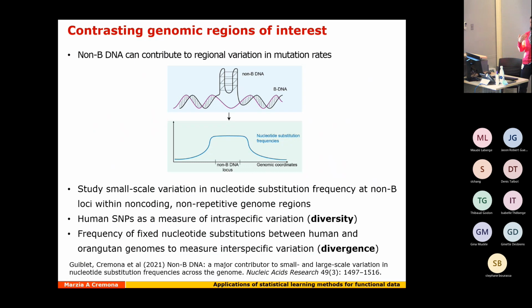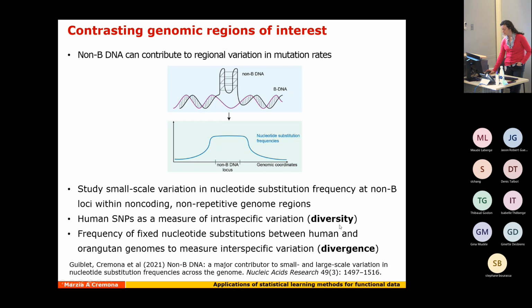The next step was trying to understand if this slowdown also corresponds to more errors in the genome. So here we studied small-scale variation in nucleotide substitution frequency, looking again at the places where we have this non-B DNA. We checked different types of substitution frequencies.